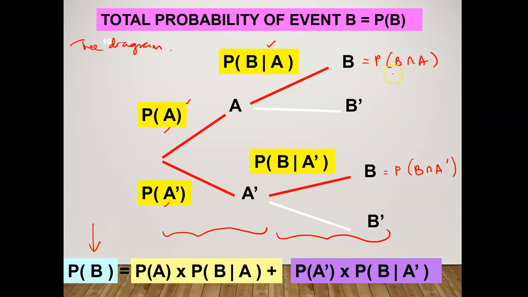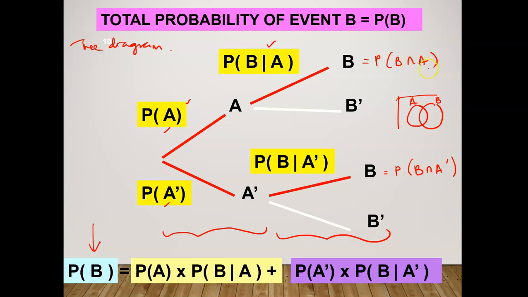Can you imagine this? Let's say we define A and B in a Venn diagram.